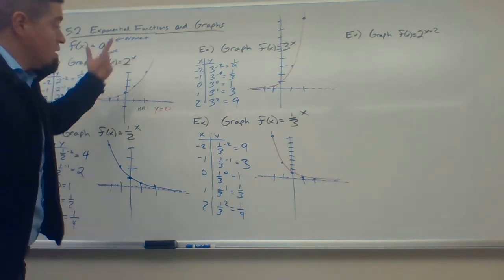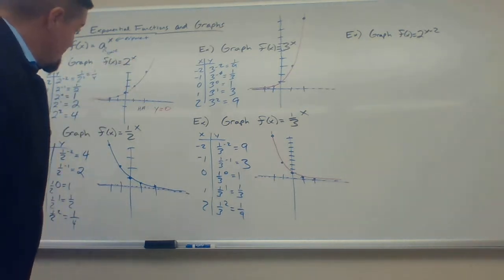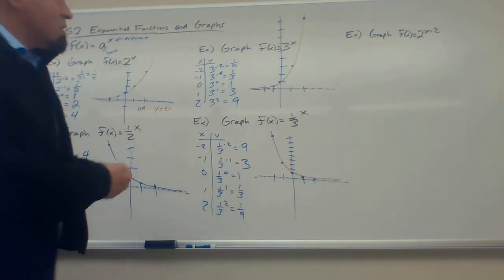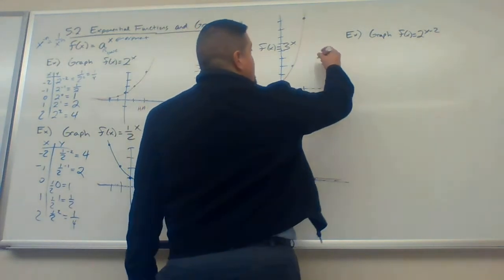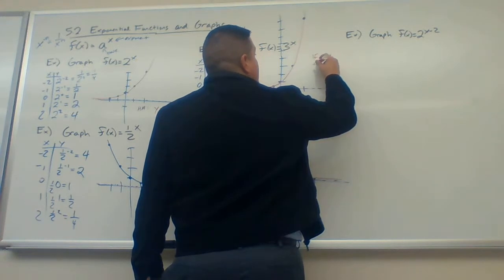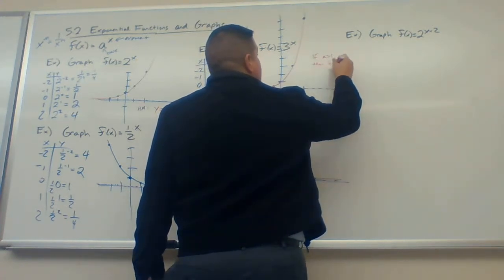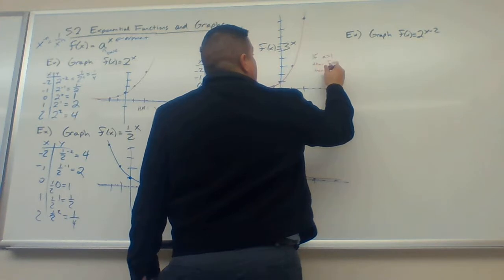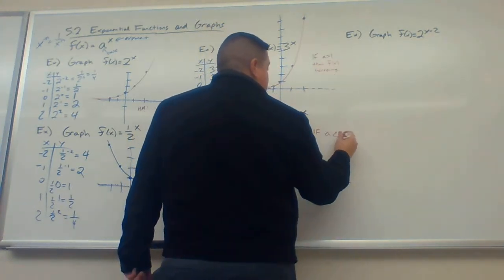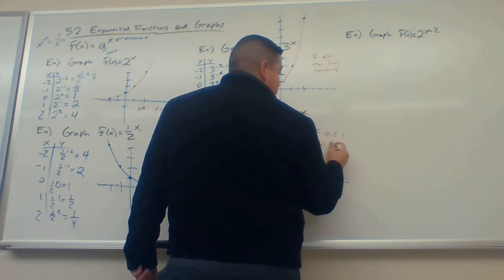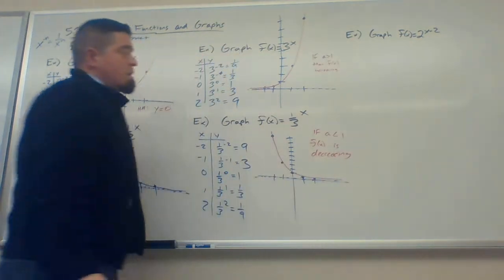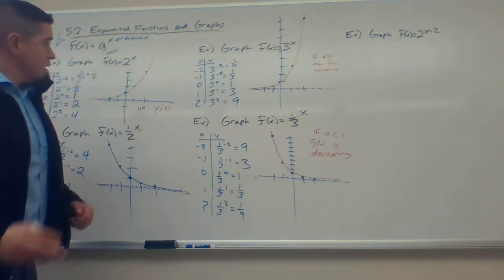Well, 2 and 3 are both numbers greater than 1, and half and a third are both numbers less than 1. So maybe a side note would be if a is greater than 1, then f of x is increasing. And if a is less than 1, f of x is decreasing, which you can write in there. Okay, so those would be 2 good things to note.